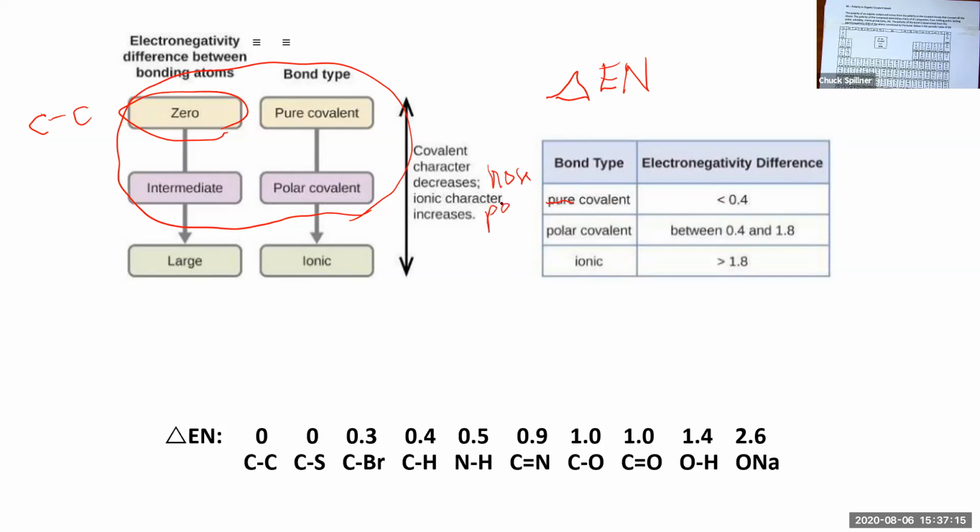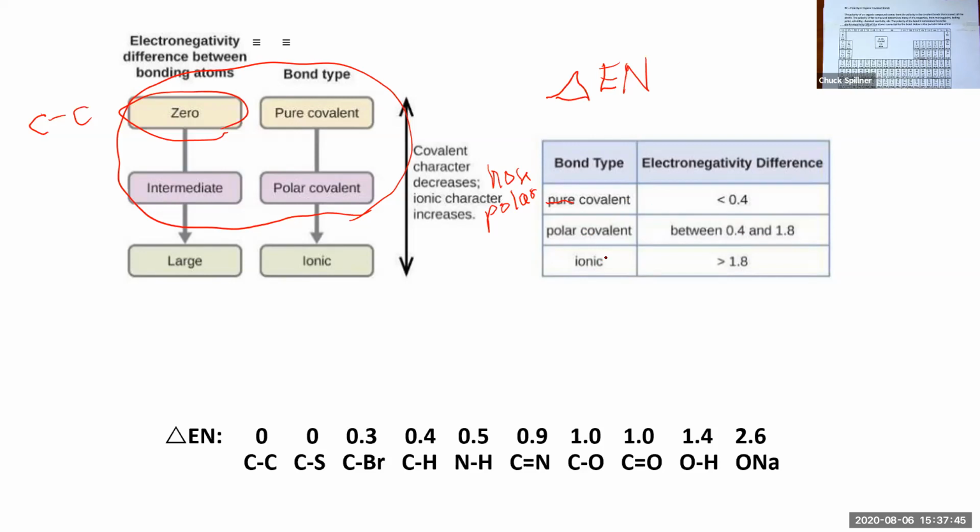Non-polar, let me write that down. So if it's 0, it's a pure covalent bond. If it's less than 0.4, it's a non-polar covalent bond. The polar covalent bond then is between 0.4 and 1.8. And an ionic bond is an electronegativity difference greater than 1.8. And like I say, these are arbitrary. If you look in different textbooks, they're slightly different, but this is okay.